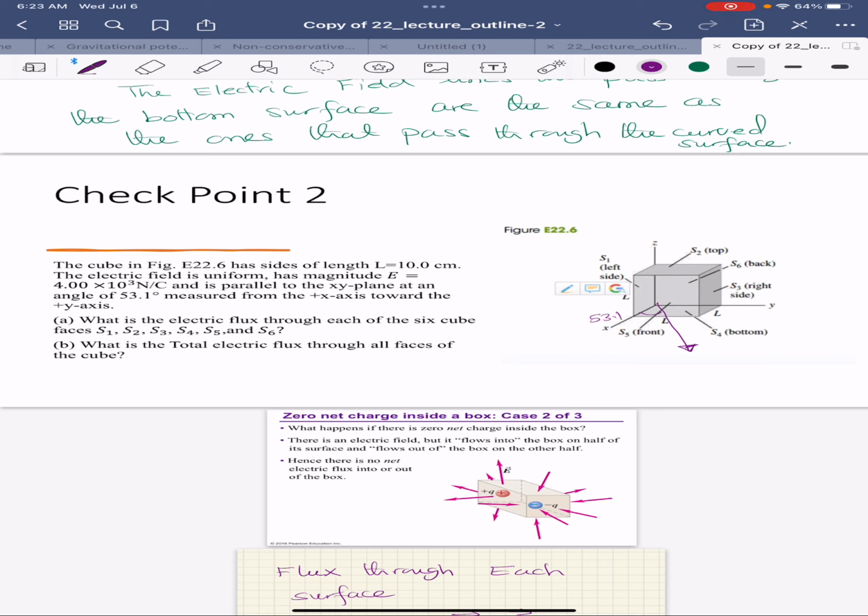What is the electric flux through each of the 6 cube faces, S1, S2, S3, S4, S5, and S6? And what is the total electric flux through all faces of the cube?